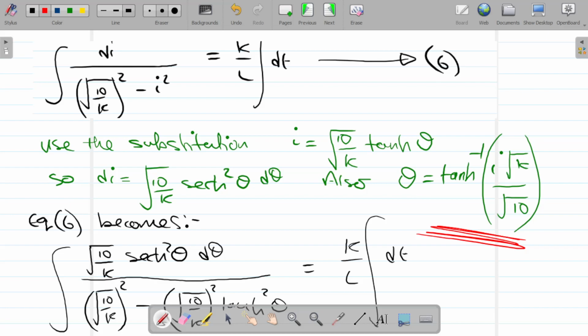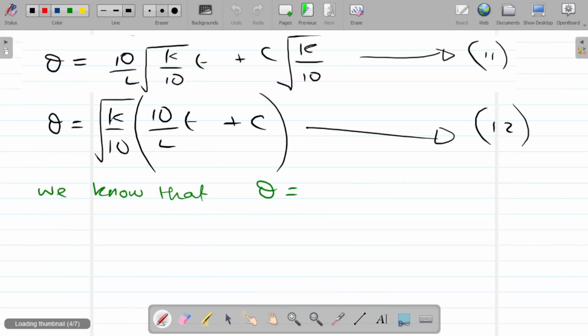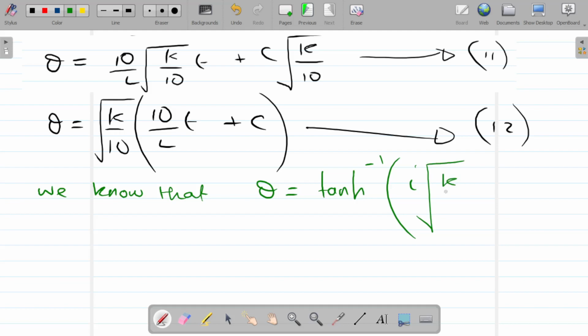So I'm going to have to try and remember that. So theta equals tan to minus 1 of I, and we'll just write this as the square root of k over 10.